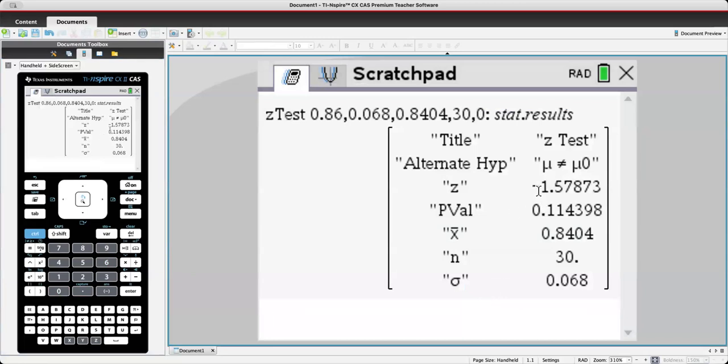And it gives me my z-score is negative 1.579, which is not less than negative 2.576. Therefore, my p-value is going to be 0.114. And so I'm going to fail to reject. All right. And so let me get back there.